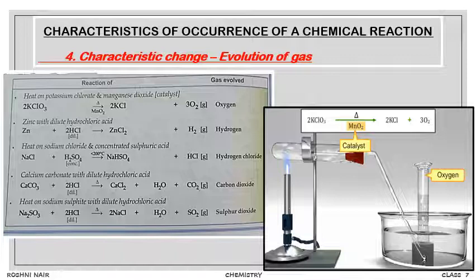Here you can see this delta. Let me circle. Can you see here one small delta sign? So this delta means when you are heating that particular reactant. So potassium chlorate when you heat, and there is a catalyst which is involved.